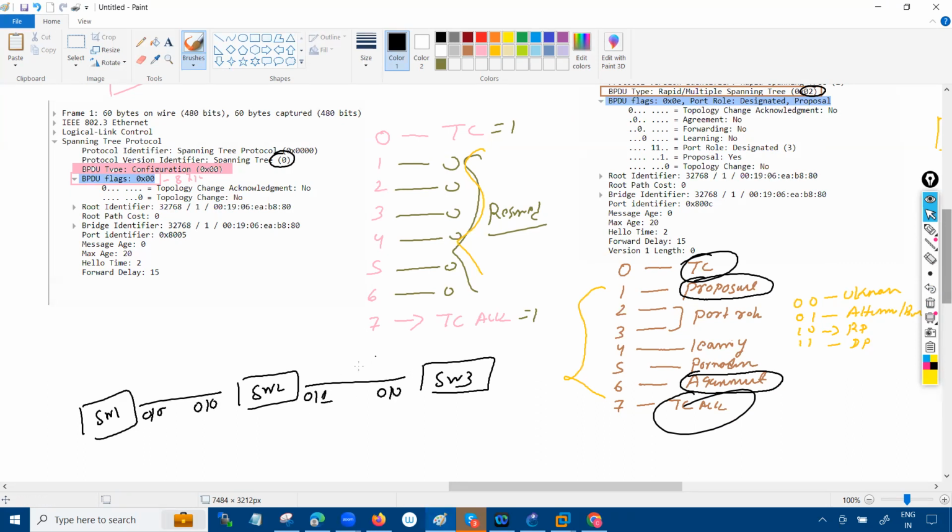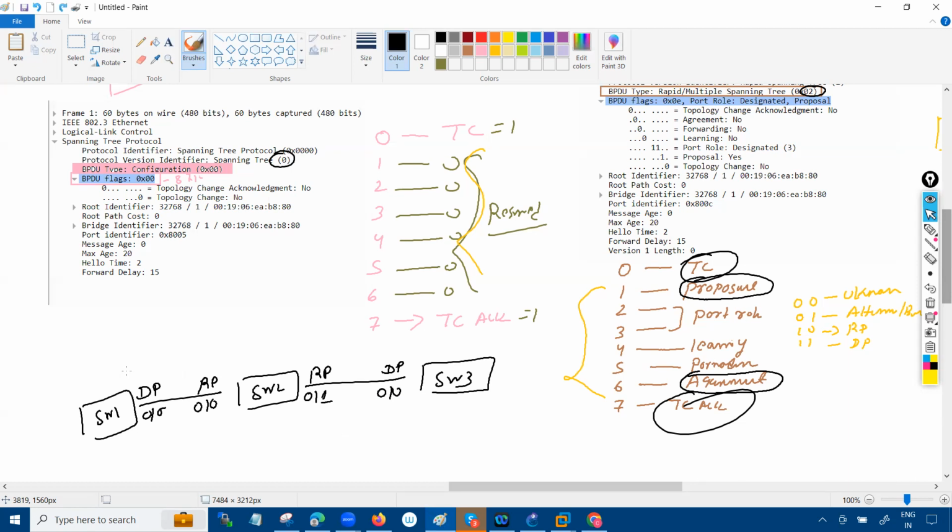If I'm not going to block this port, maybe this one becomes the DP, this one becomes the RP, and this one also becomes the RP, and this one also becomes a DP. Anything could happen, right? Is it possible that one non-root bridge can have 2 RPs? No. On one non-root bridge, you will only have 1 RP. You will not have multiple RPs.